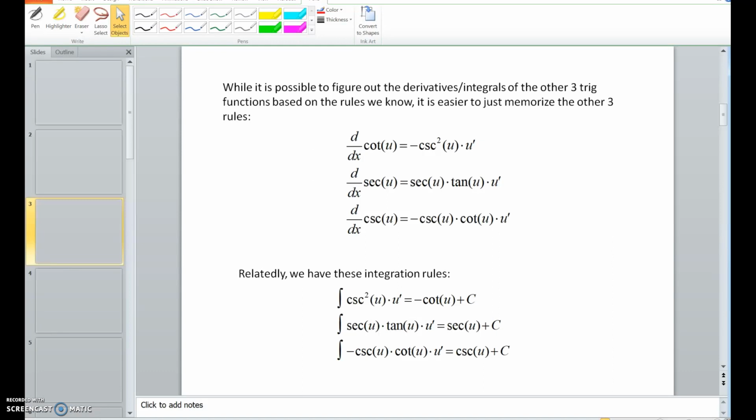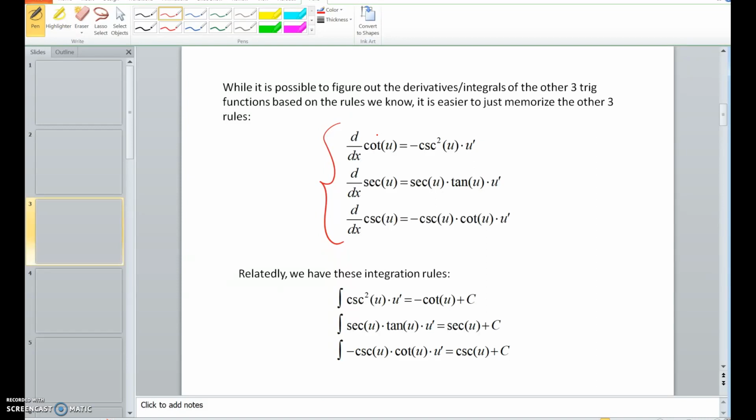So we've got three new derivative rules and then three related integral rules, which are just the derivative rules in reverse. So the derivative of cotangent is negative cosecant squared. That's similar to, if you remember, the derivative of tangent is secant squared. Derivative of cotangent is negative cosecant squared. Derivative of secant is secant x tan x.